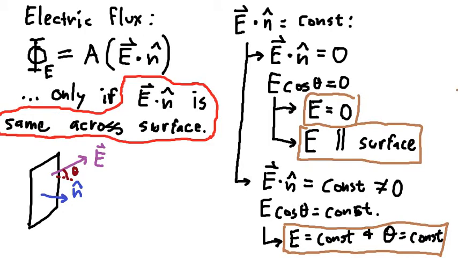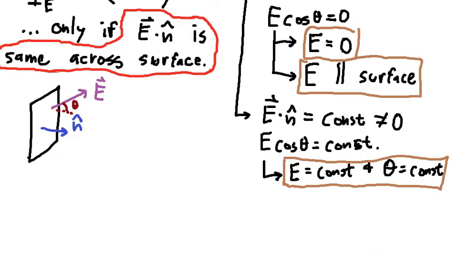So what we're going to look at is the most common case of this, which is where E is constant and theta is constant. Okay, so this is our third possibility.